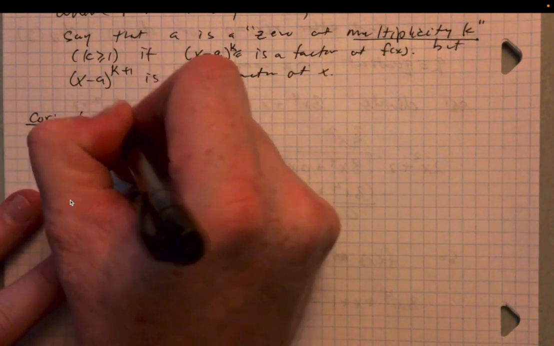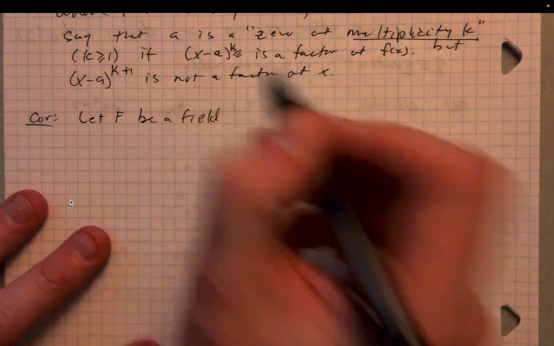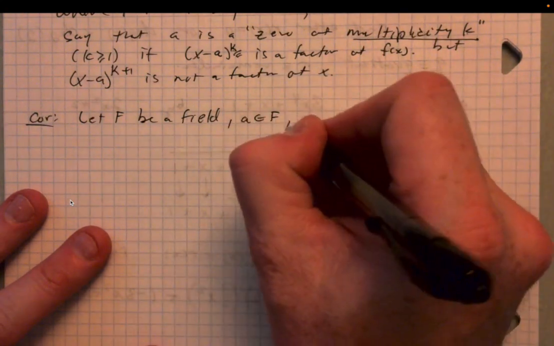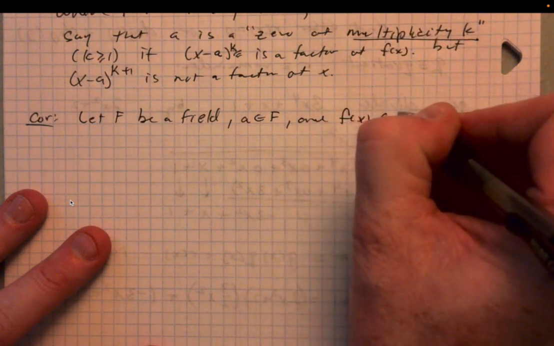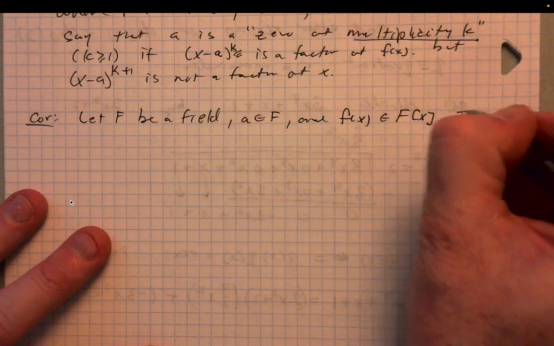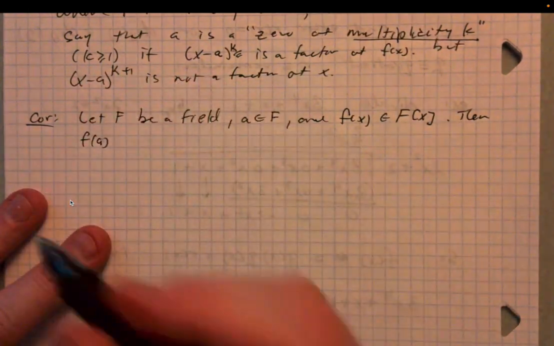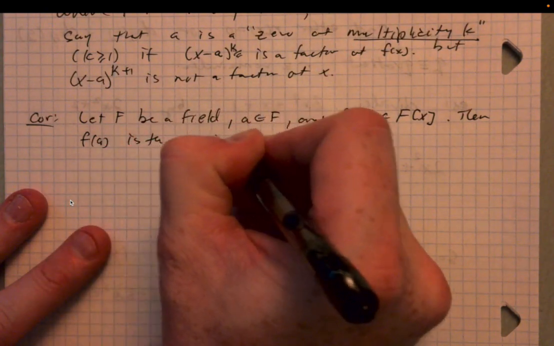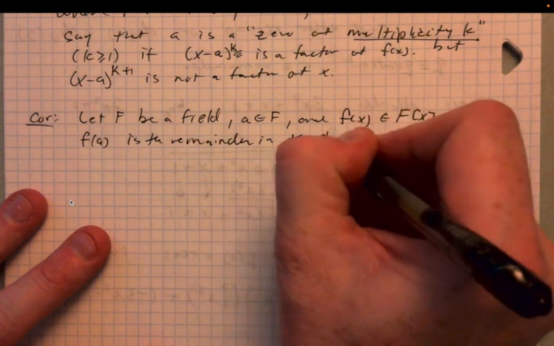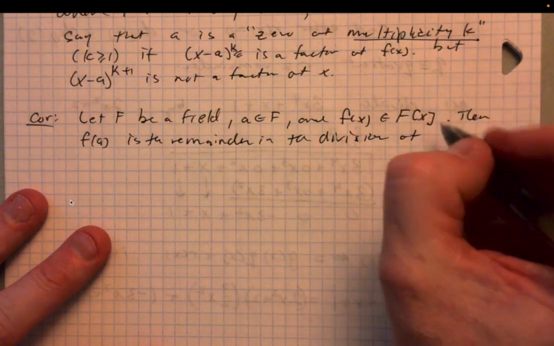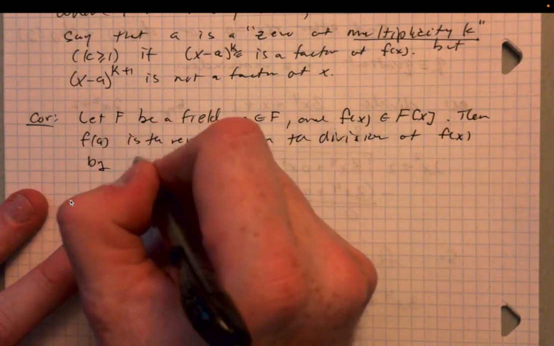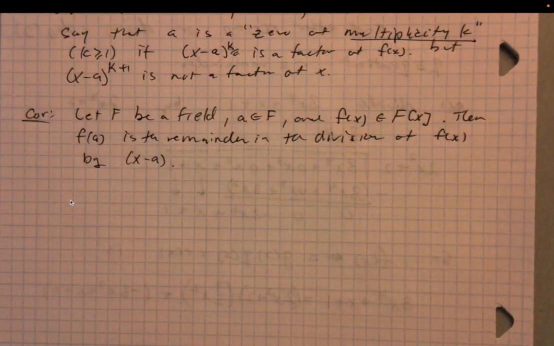The first one: let F be a field, a is in F, and f of x is in the field of polynomials over F. Then f of a is the remainder in the division of f of x by x minus a.